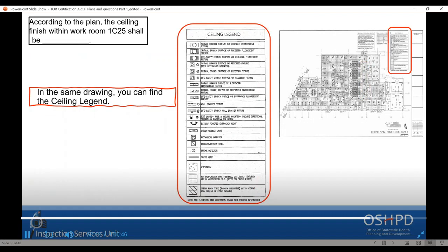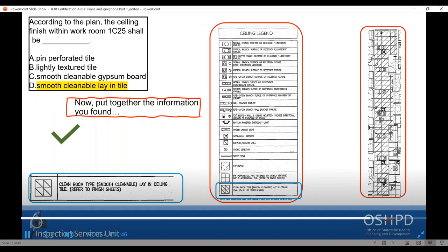And you see all the information about the ceiling legend. But you need to look exactly at what is in the legend and what is matching with the room, which is that hatch pattern that says clean room type, and that is the answer. So don't be tempted to look around for more information. Just focus on that specific room, and that is the answer. Questions?